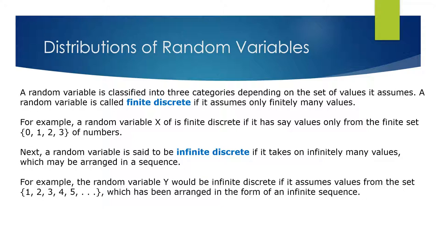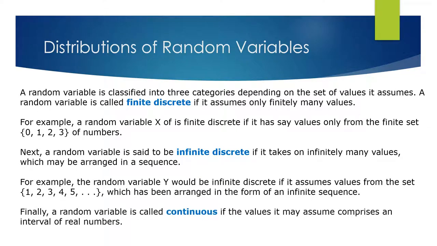A random variable is called continuous if the values it can assume comprise intervals of real numbers. Typically, continuous variables are measured. So, if I'm trying to compare the number of people who like something, that's a discrete variable.